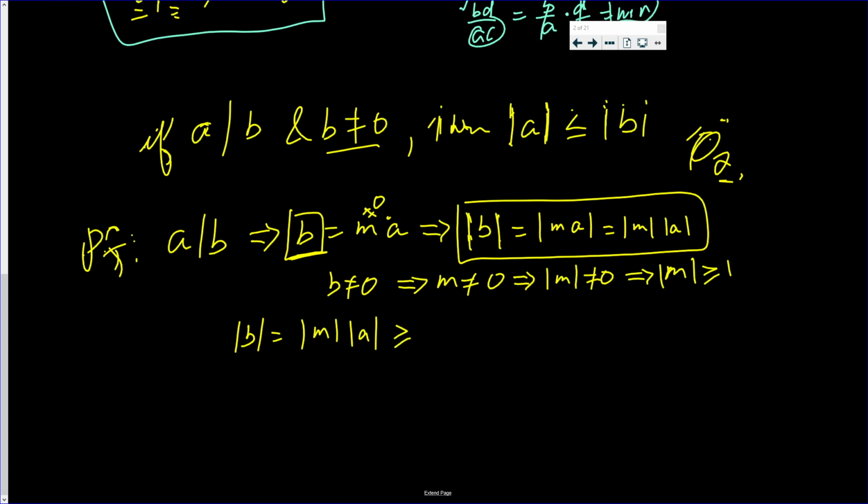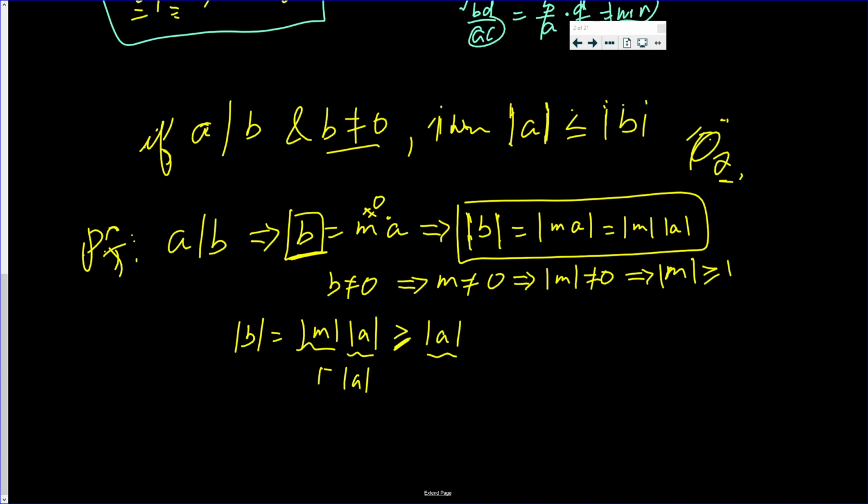But this is bigger than or equal to the absolute value of a. The absolute value of a is some positive number. If the absolute value of m is 1, 1 times the absolute value of a will equal the absolute value of a.